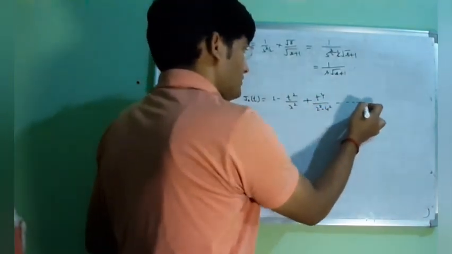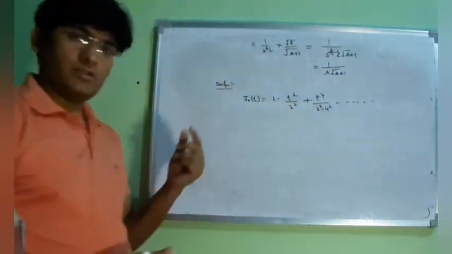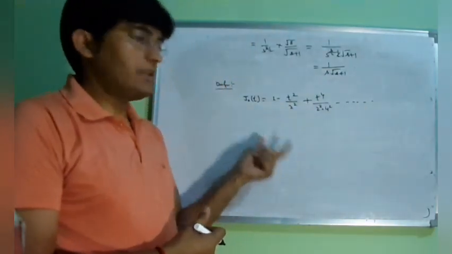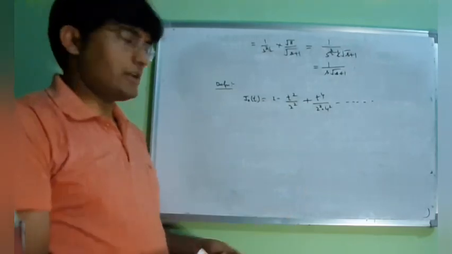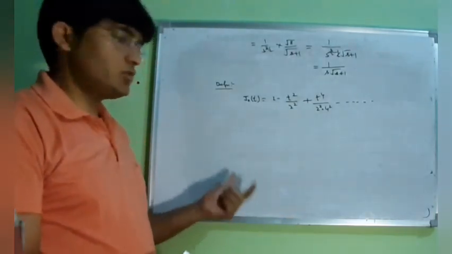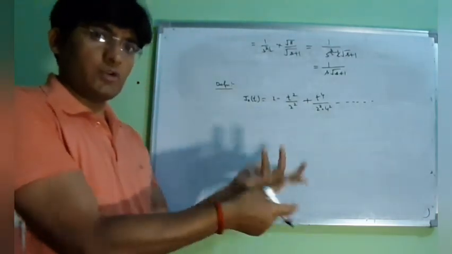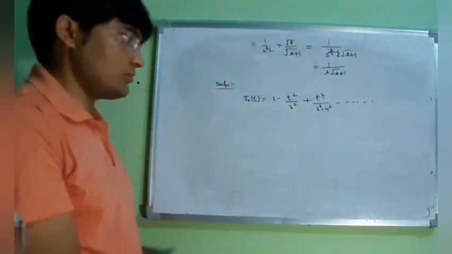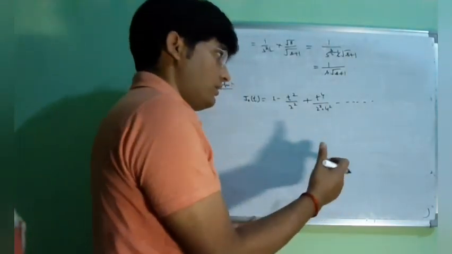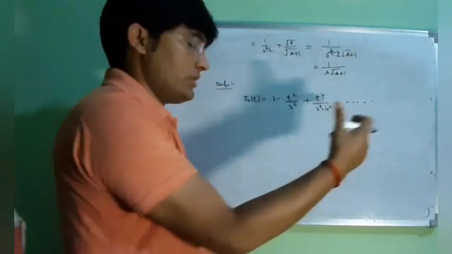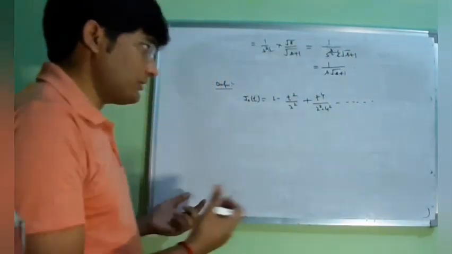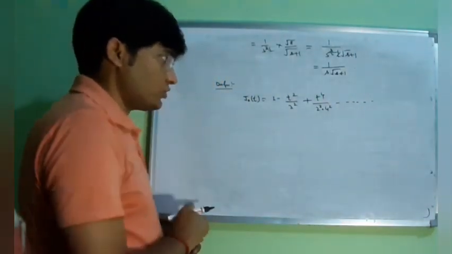This is the definition of the Bessel function, and you can find out it with the help of the general Bessel function of nth order, which is your J n x equal to summation r equal to 0 to infinity minus 1 power r upon factorial r into gamma n plus r plus 1 into x by 2 power n plus 2r. With the help of that result, we can find out this J0 t.